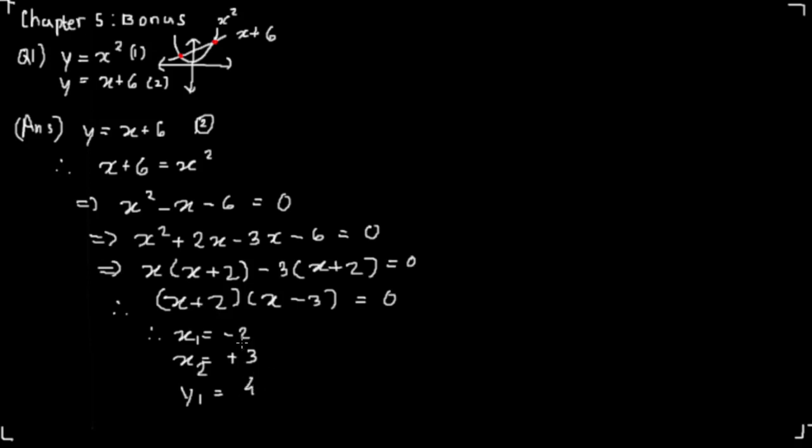Because you're squaring minus 2. Then y2 is equal to 9. So what we're just doing is plugging both of these into these equations right here. We get y is equal to 4 and 9, so we can match these.